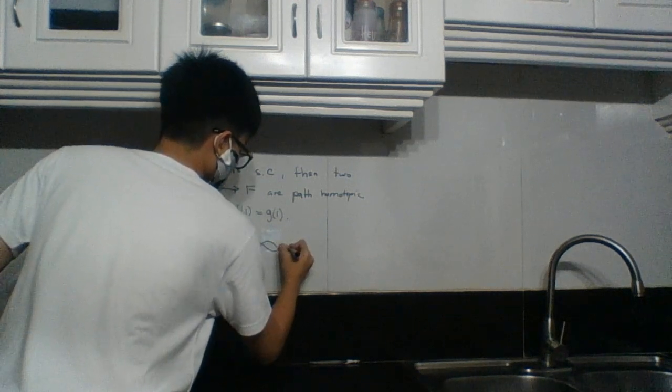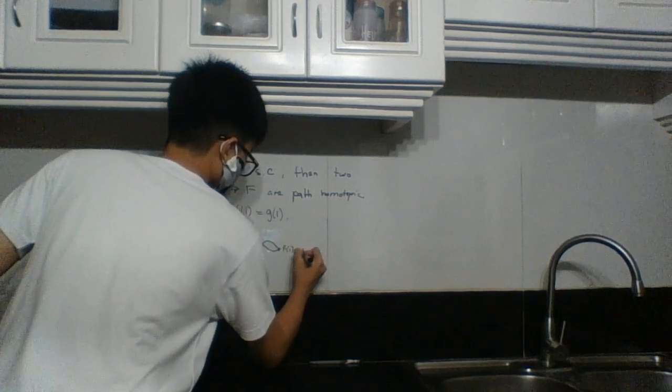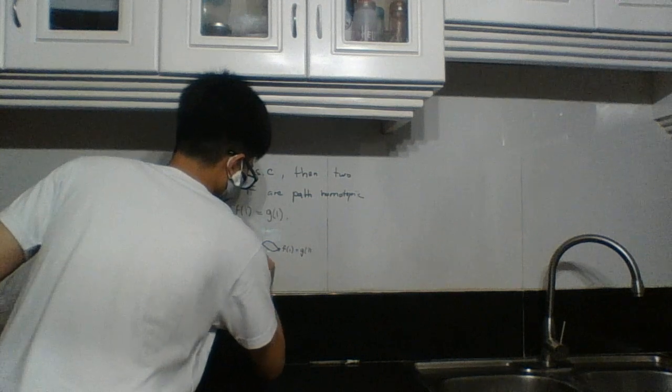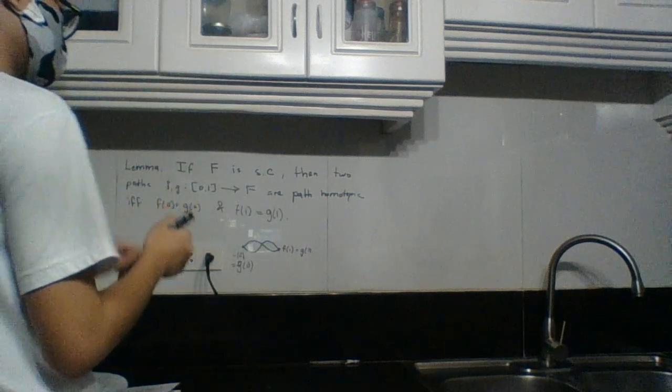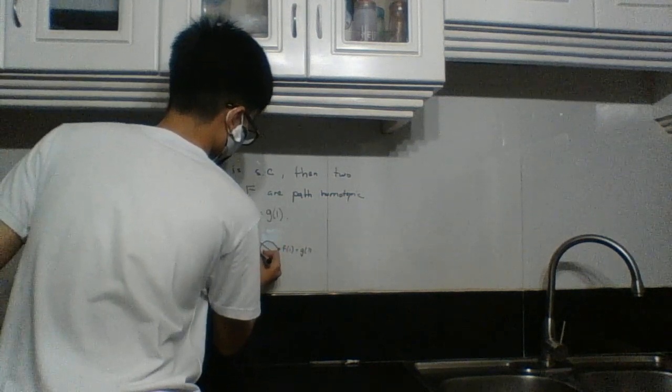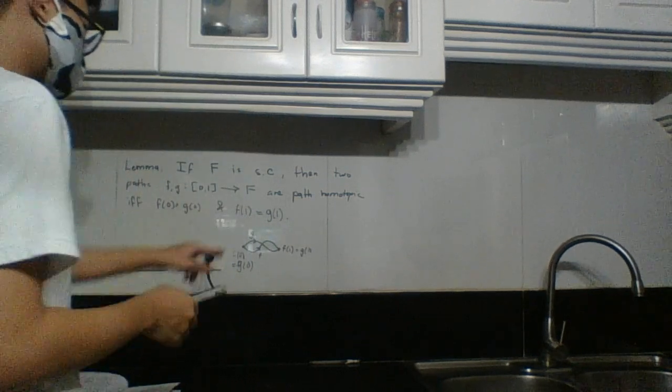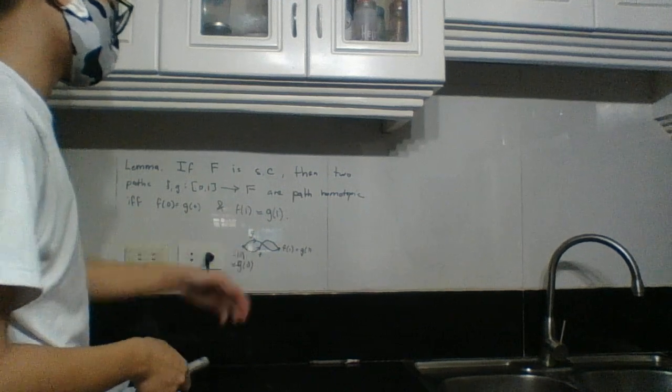This is f of 1 equals g of 1, and this is f of 0, which is equal to g of 0. And this curve here is f, and this curve here is g. These two are path homotopic because they share the same endpoints.